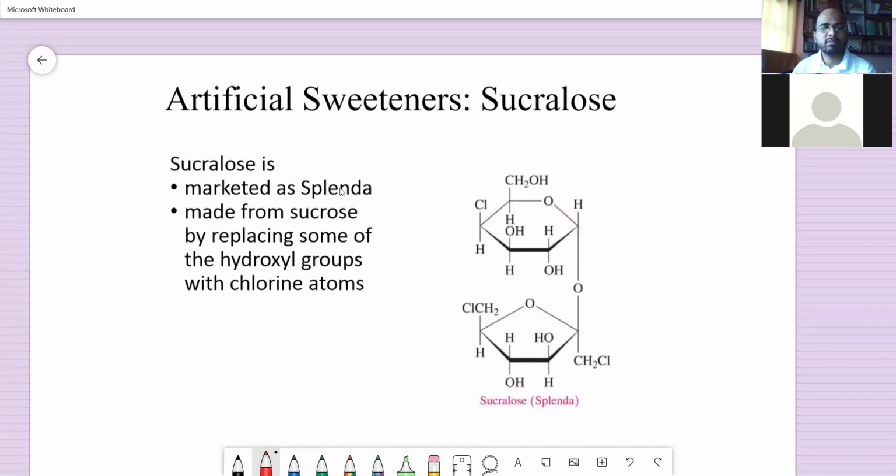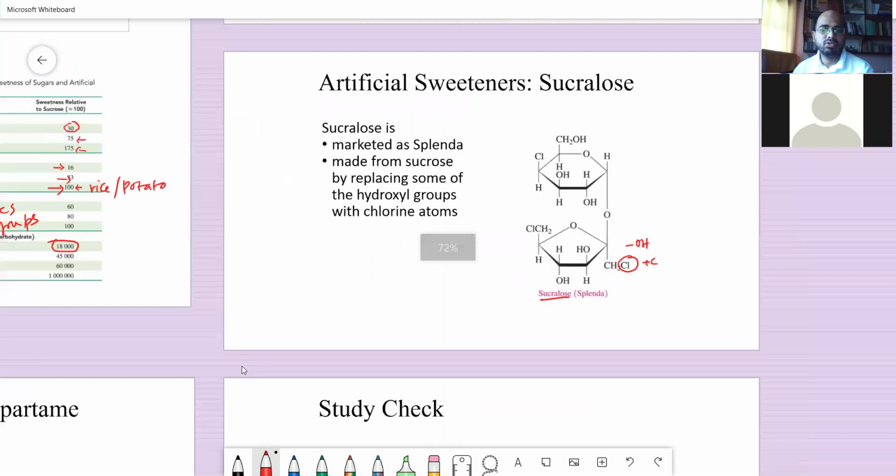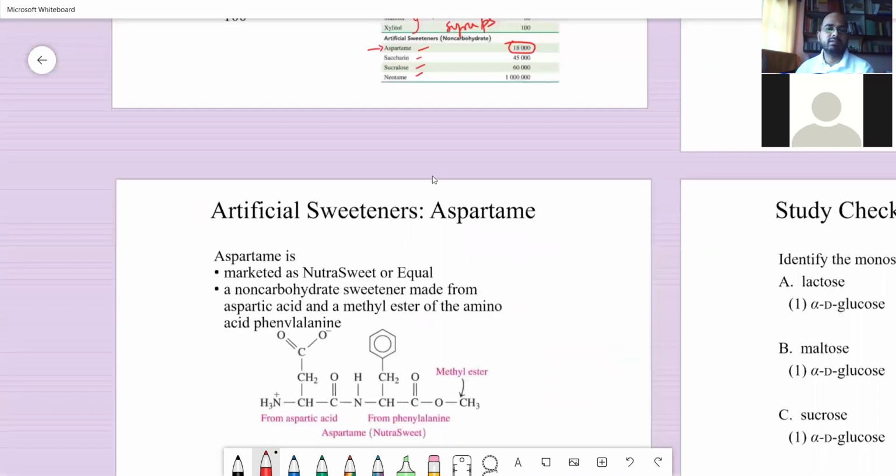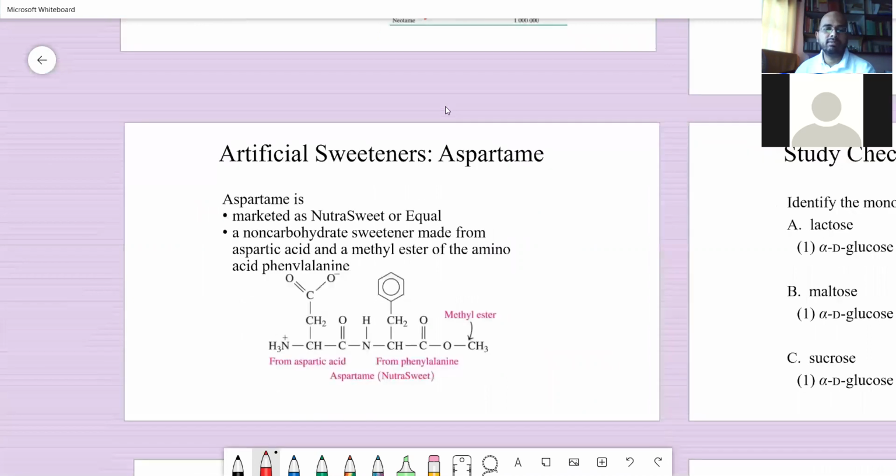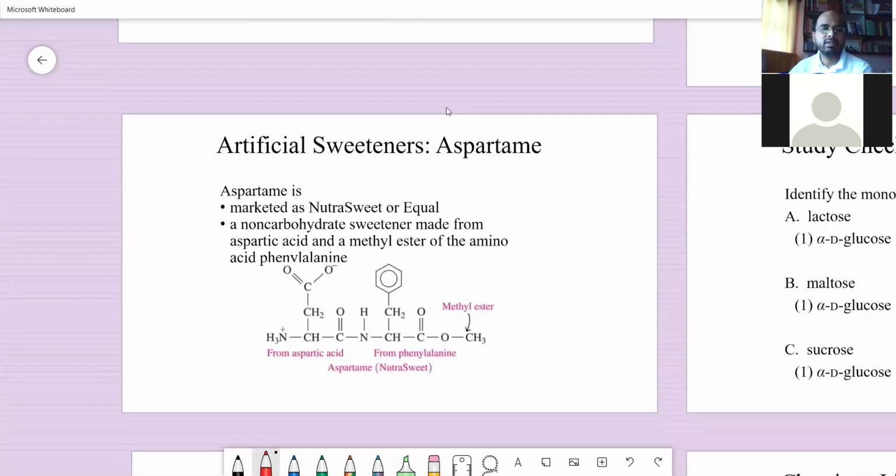Sucralose is marketed as Splenda, made from sucrose by replacing some of the hydroxyl groups with chlorine atoms. So replacing OH with Cl gives you sucralose, and it is about 1,000 times sweeter than ordinary sucrose. Then you have aspartame that I was telling. Aspartame is marketed as NutraSweet or Equal.